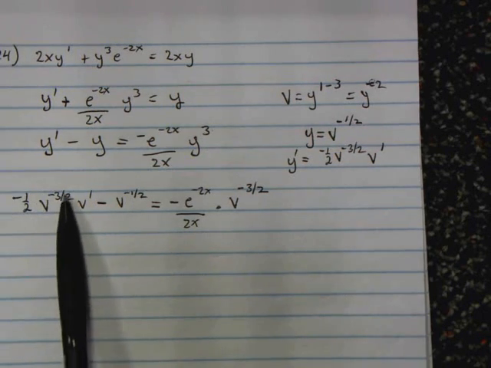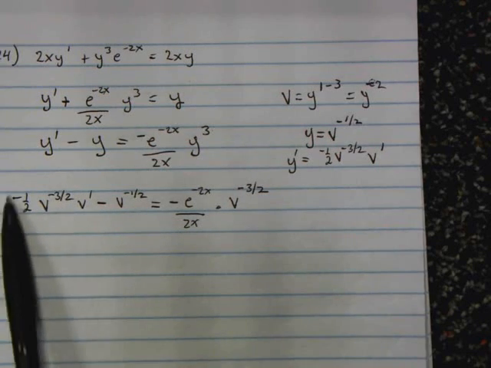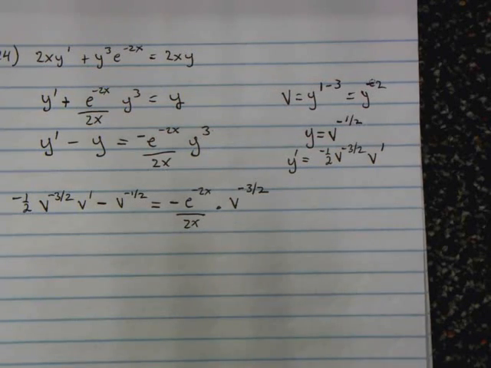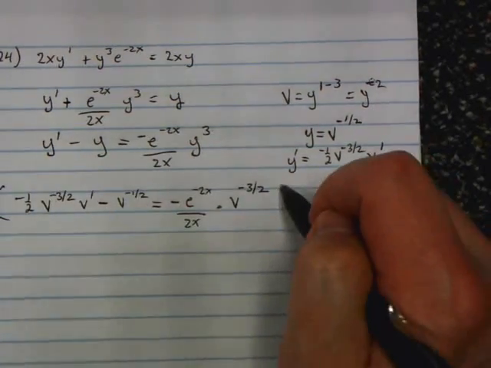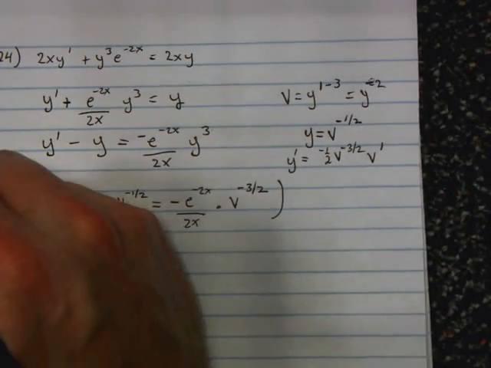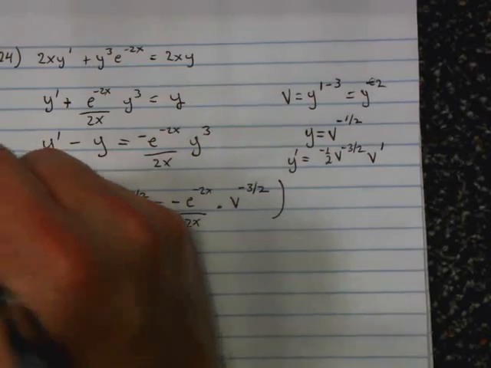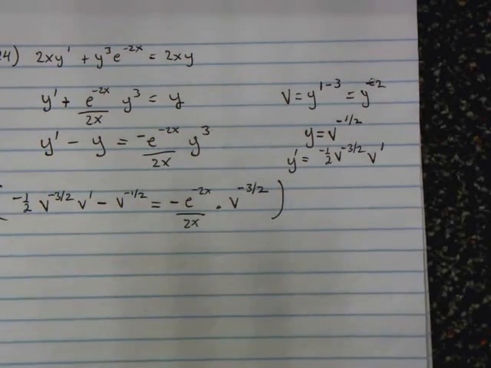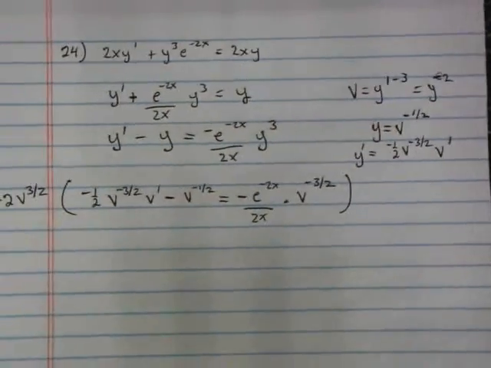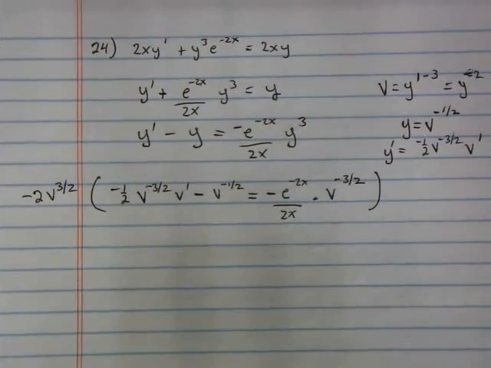Get rid of this thing here, and you should have a linear equation left over. To get rid of that thing, I'm going to multiply through by negative 2 v to the 3/2.